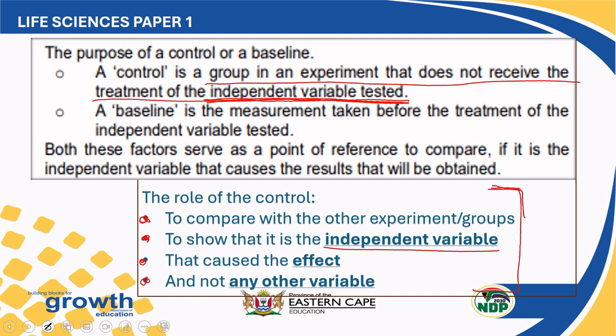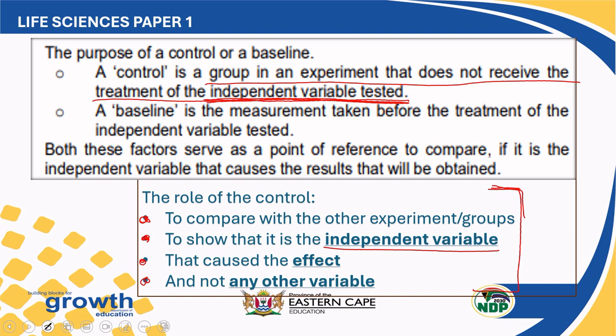Because it is to compare and show that it is the independent variable that causes the effect and not any other factor. But now, when we have a specific example in our question, for instance, our example of the rats whose male fertility we are testing, we need to answer this question specifically.